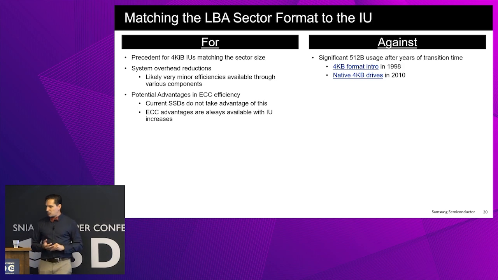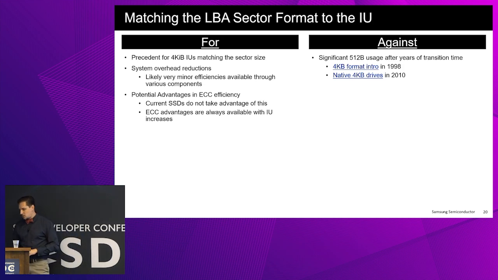From a perspective of why we should not change the sector format size, there's still a significant 512 byte usage after years, right? So the advanced format group was recommending 4 kibibytes in 1998, and then native drives were shipping in 2010, and I don't see any end of the 512 bytes in our future.